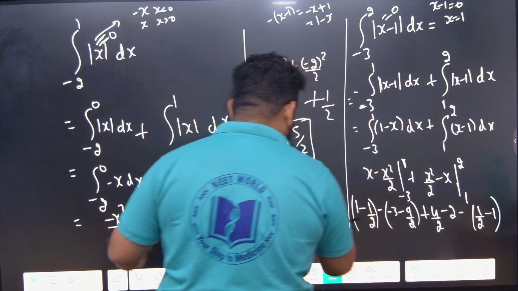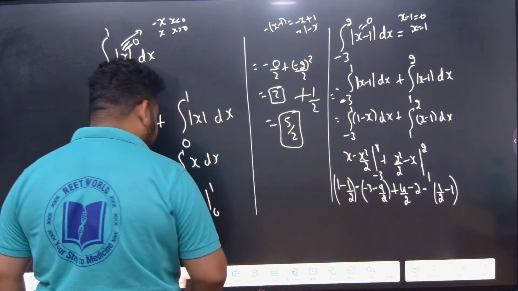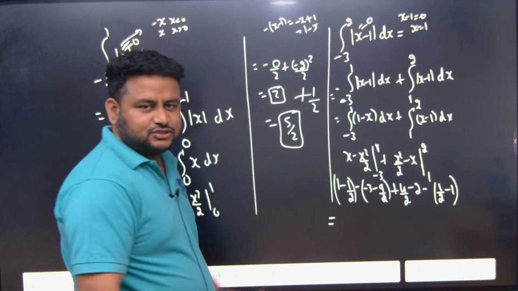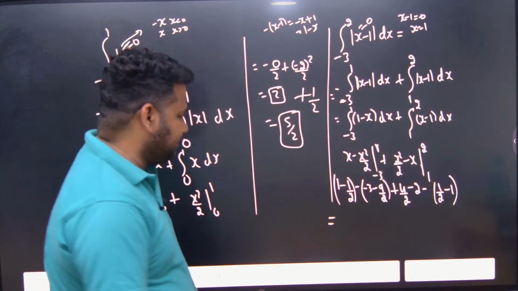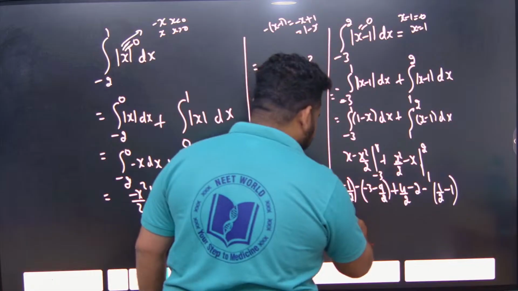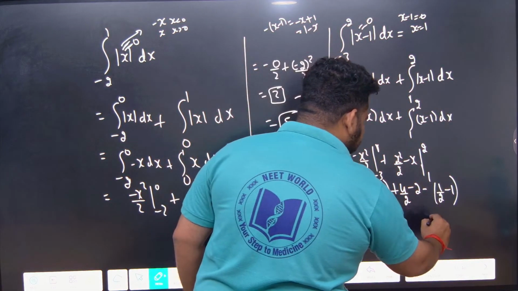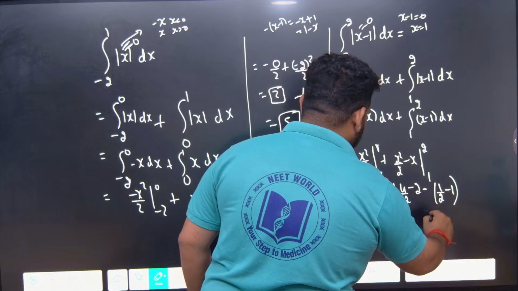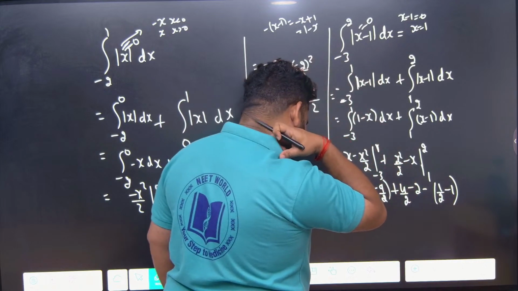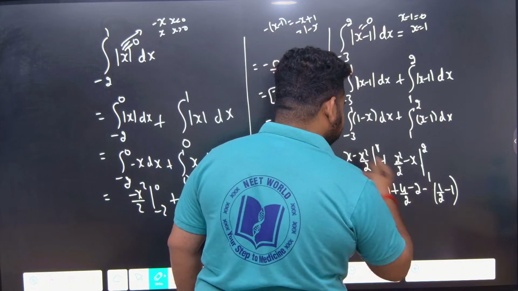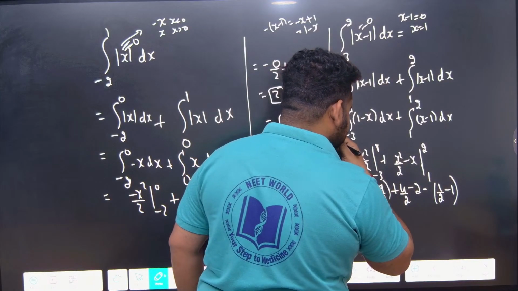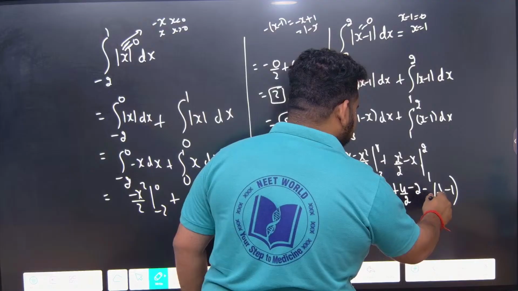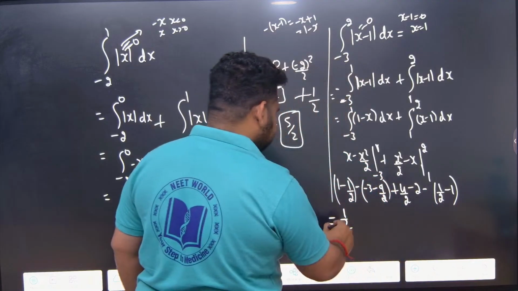Now observe carefully. Integration is done, now you just have to calculate these values very carefully. 1 minus 1 by 2 is half. Here, minus 1 minus half is minus half. Here I am having a minus, so minus of plus 1. So let us keep this as half.